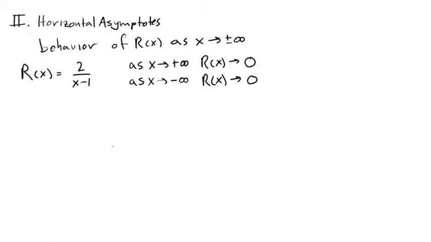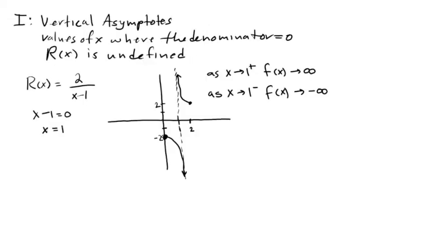So the behavior of this particular function, if I go back to my graph, I can look at what's happening over here. As x gets infinitely large, what's happening to the function? Well, the function is getting closer and closer to 0 on that side.